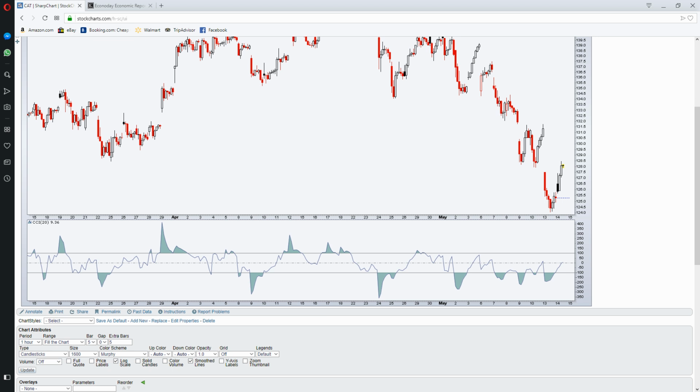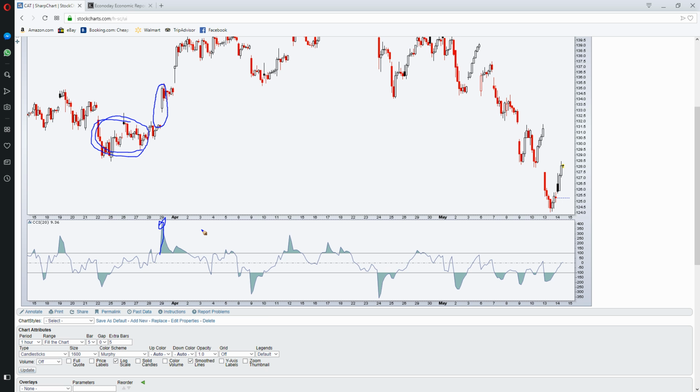For example, take a look right here at Caterpillar. Every hour it has an average price change. But then we get this hour right here where there's an explosive price change. You'll notice that's a big move in the CCI. So the CCI is helping us find areas where we're seeing an explosive price change.